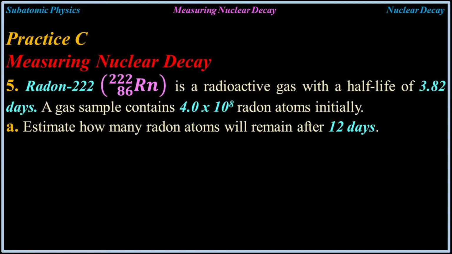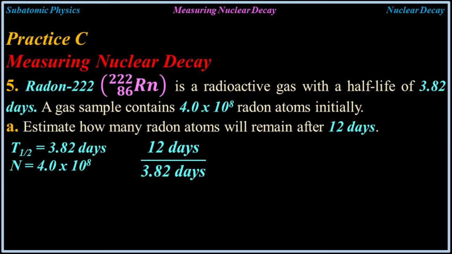Radon-222 is a radioactive gas with a half-life of 3.82 days. A gas sample contains 4 times 10 to the 8th radon atoms initially. Estimate how many radon atoms will remain after 12 days. There is the half-life. There is n. So we know that we have 12 days, so we had 3 half-lives.